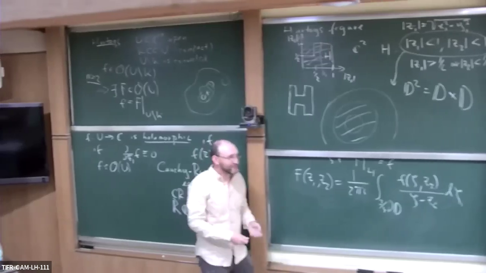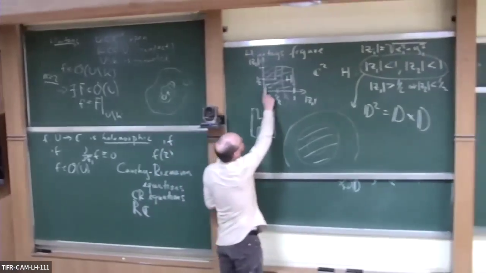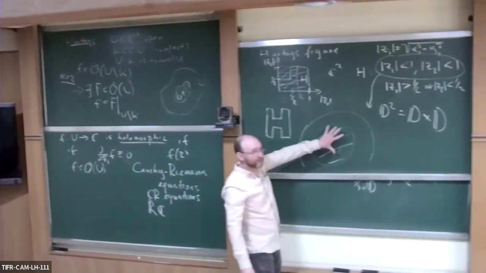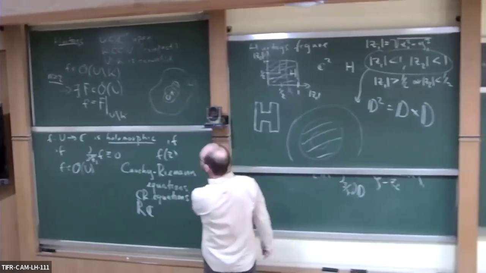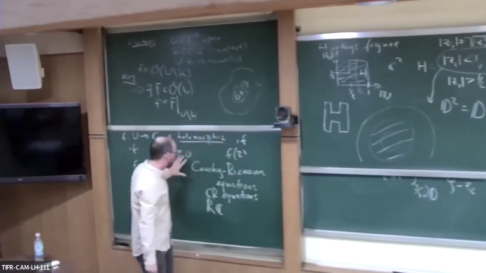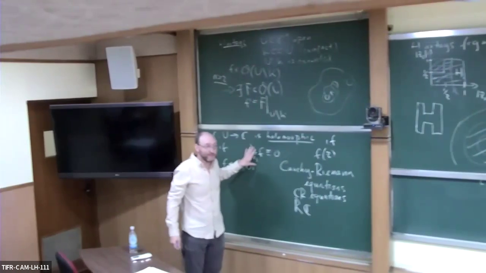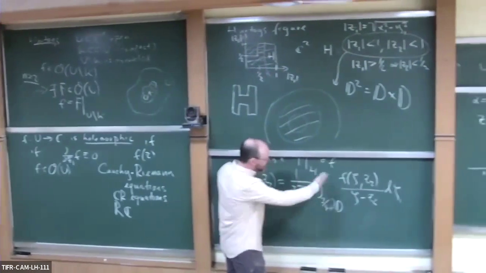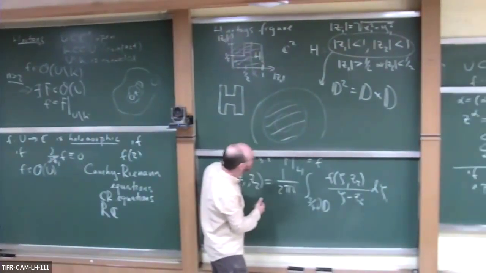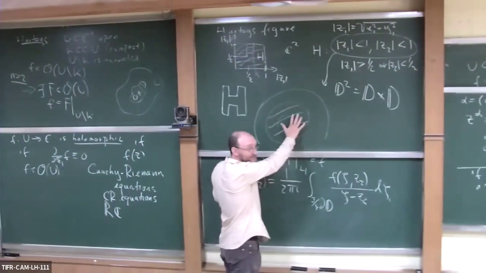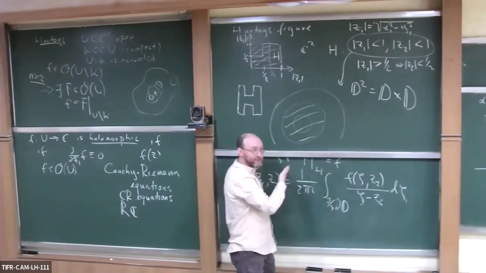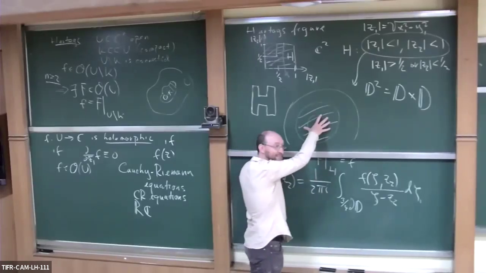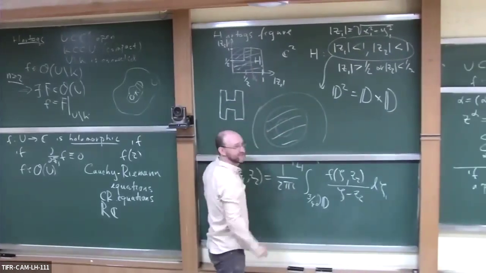So the reason why this works is that on these disks, when this is really filled in, I have a function that's holomorphic like this. It's holomorphic in each variable separately, right? If I fix Z2, I just have a holomorphic function. And so it is nice and holomorphic everywhere. And so from the Cauchy formula, I get the reproducing property. And so it is giving me little f on these disks, right?